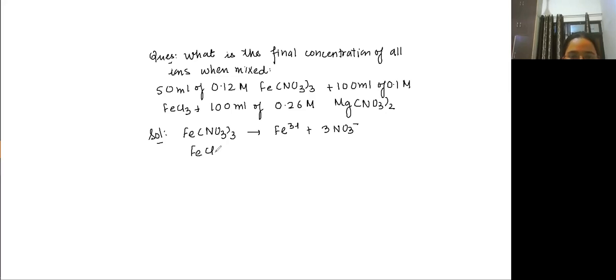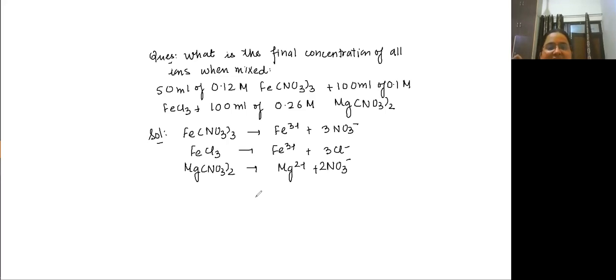And FeCl3 contains Fe3 plus and 3Cl minus. Mg(NO3) whole twice contains Mg2 plus and 2 NO3 minus. So it contains Fe3 plus, Mg2 plus, NO3 minus and Cl minus. It contains 4 types of ions. Will you agree with this point or not?